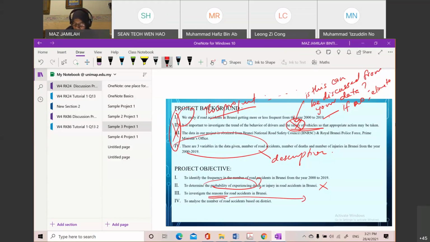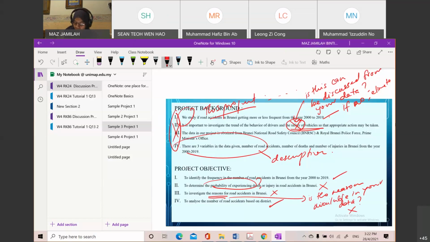Is the reason available in your data? If yes, okay. If no, don't. To analyze the number of road accidents based on this week, okay, this one can.